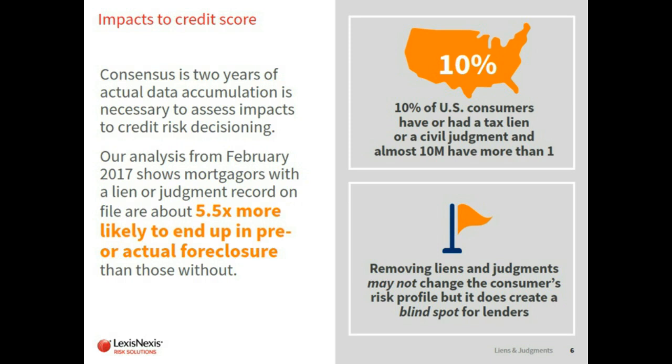However, it should be noted that by the analysis that the BCFP did, over 10% of consumers who had liens or judgments had no other signs of issues, no delinquencies, no other signs of financial stress. So they are a population of consumers where the credit reports would be blind to any derogatory information on their credit record. So regardless, the current consensus is that automated underwriting systems are still performing prudent credit decisioning.